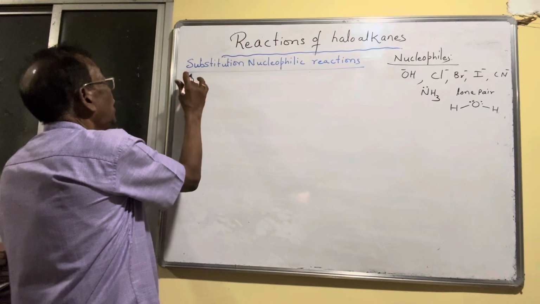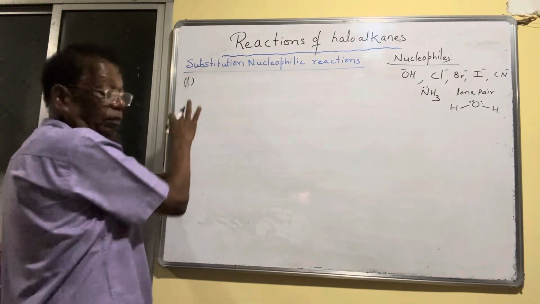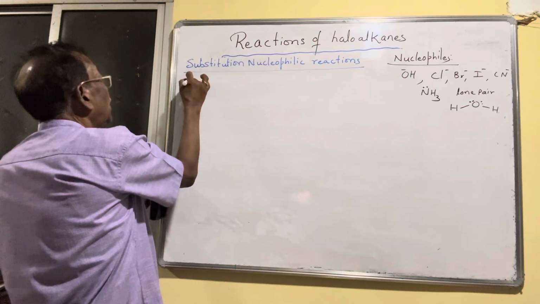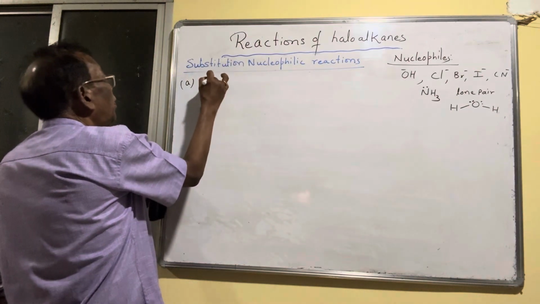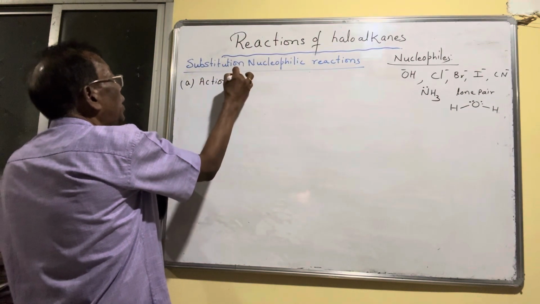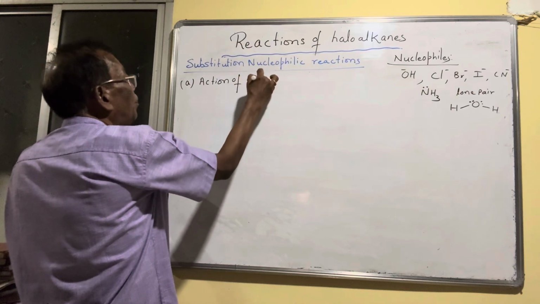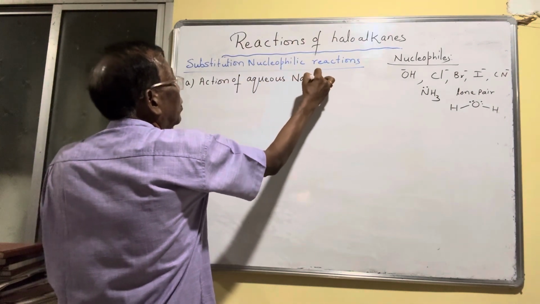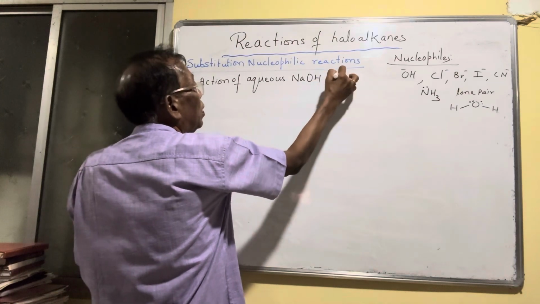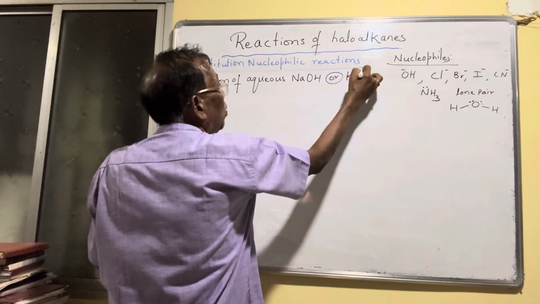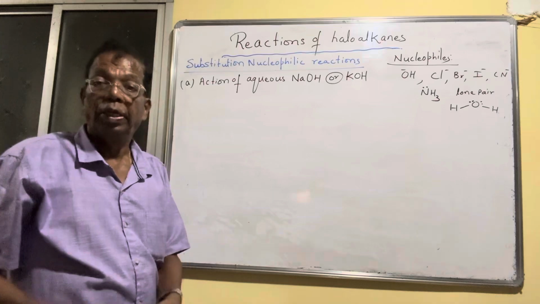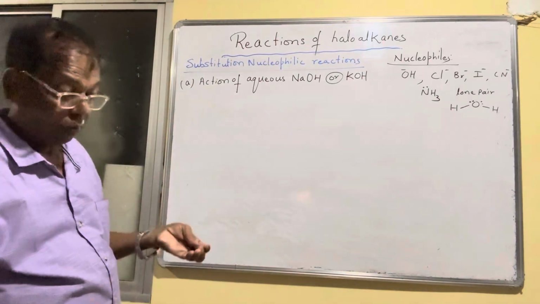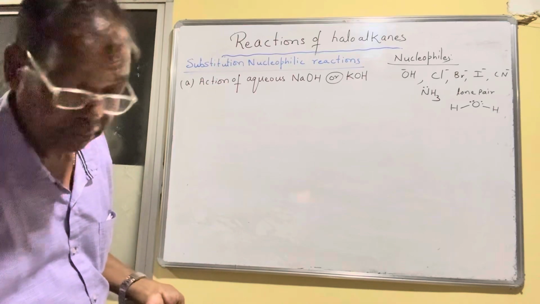Okay. So first part, I will write it as A, B, C, D form. First is action of aqueous NaOH or KOH, aqueous potassium hydroxide or sodium hydroxide. Let's take the example.